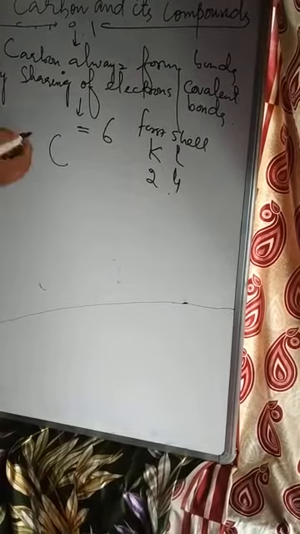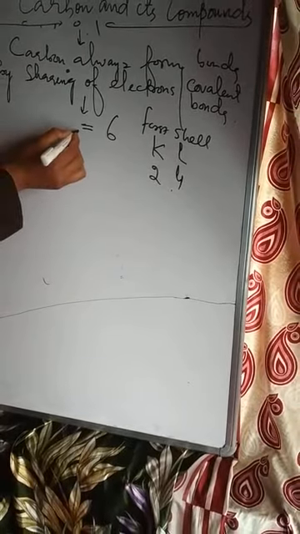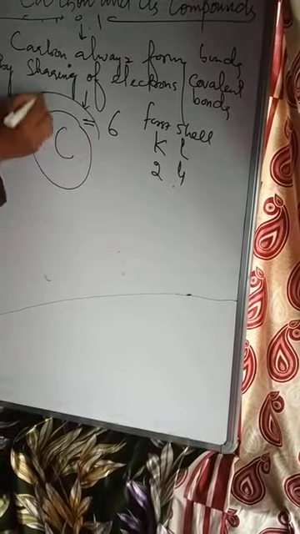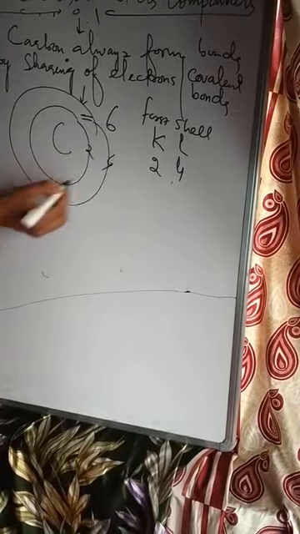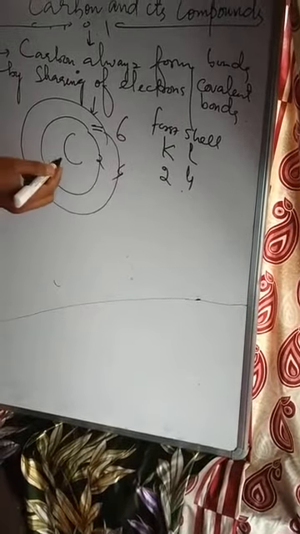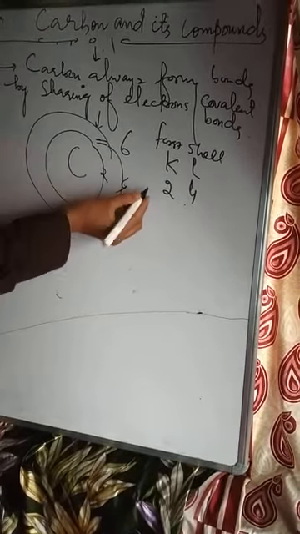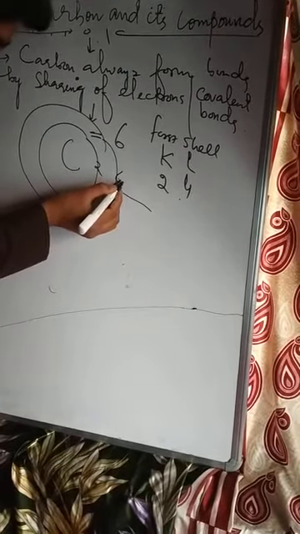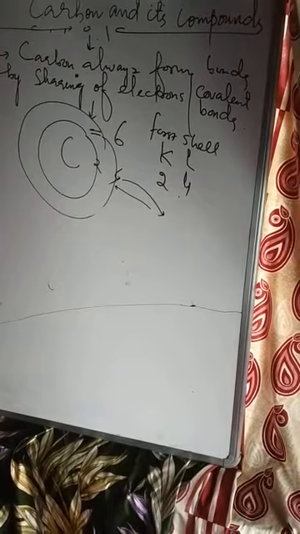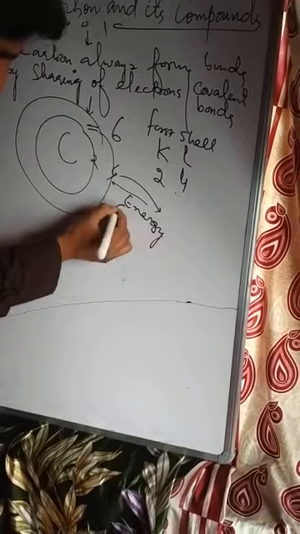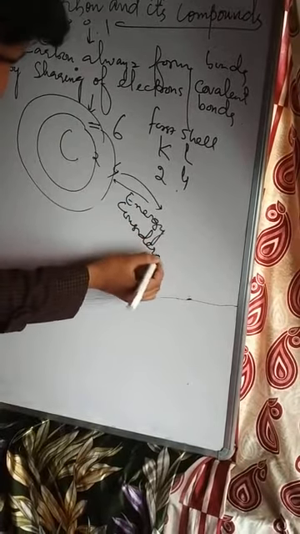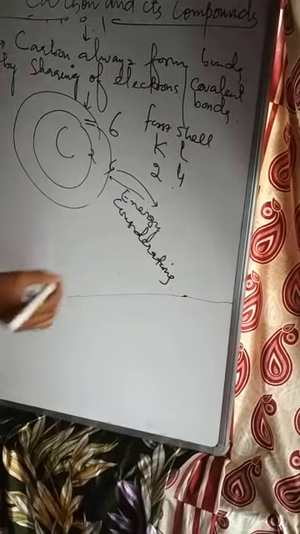Last time we discussed that it's not possible for the carbon either to gain or to lose as many as 4 electrons from its valence shell because of the energy considerations.